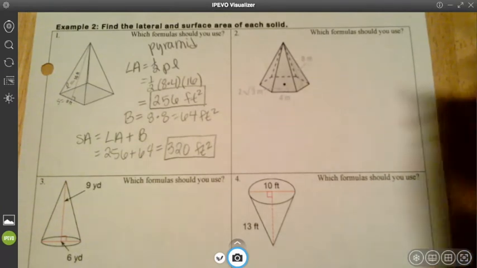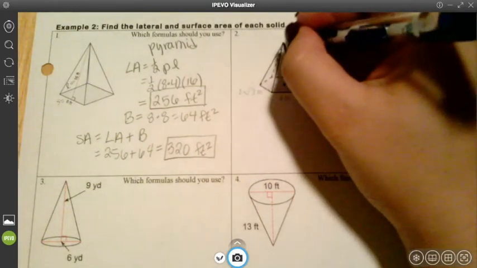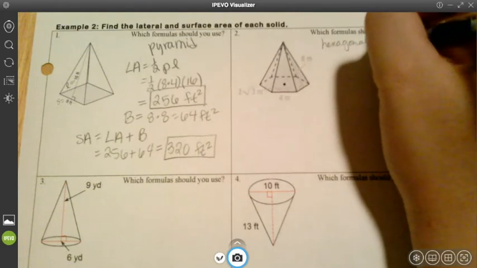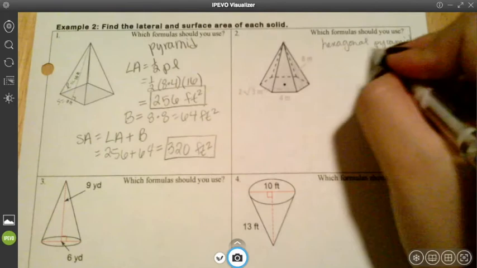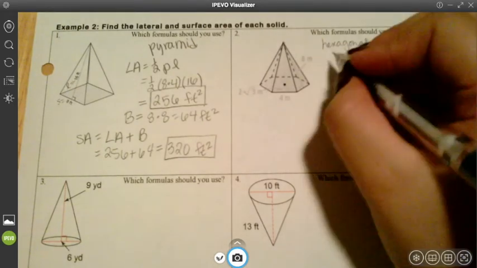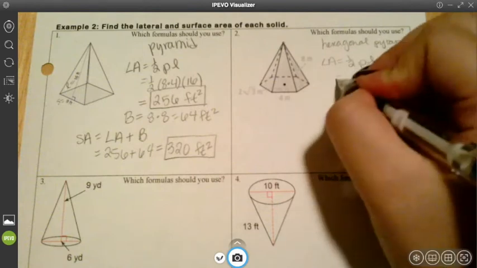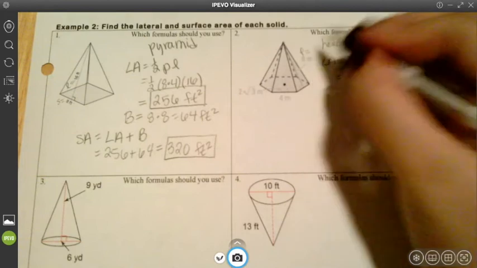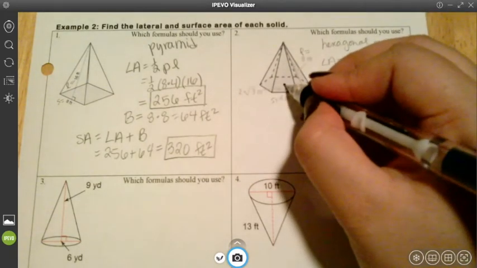For our next one, we have 1, 2, 3, 4, 5, 6. This is a hexagon, and it is a hexagonal pyramid. Okay, so pyramid means I'm using the 1/2 formula. Lateral area equals 1/2 PL. I have my lateral height here as 8. 4 is my side length. 2 root 3, this one here, is my apothem.